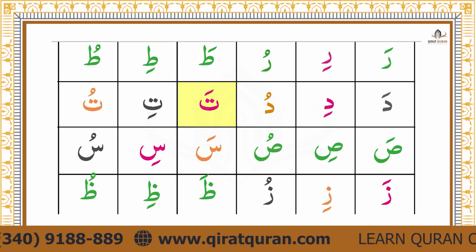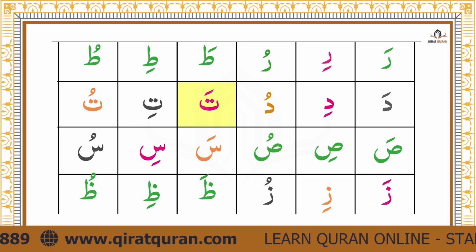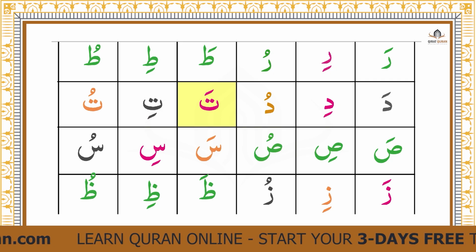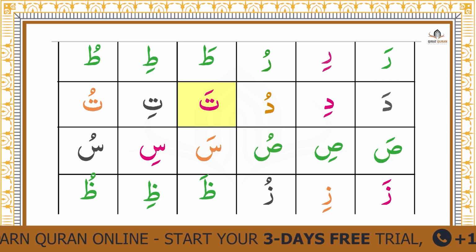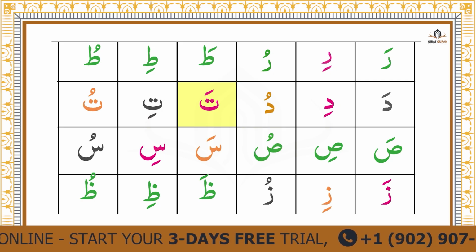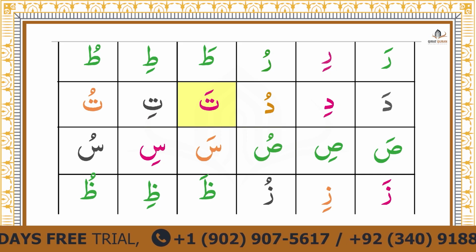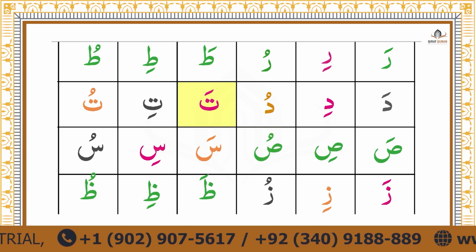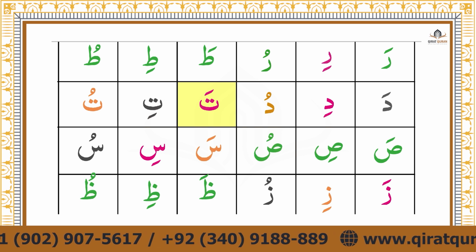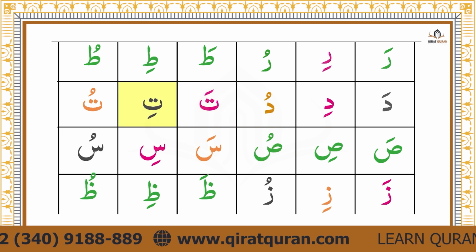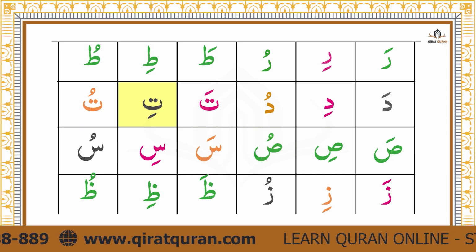Next letter is Ta. So Ta has Fatha here. First we have to read the letter, then the sign, and then the sound. Ta, Fatha, Ta. Now Ta has Kasra. Ta, Kasra, Ti.